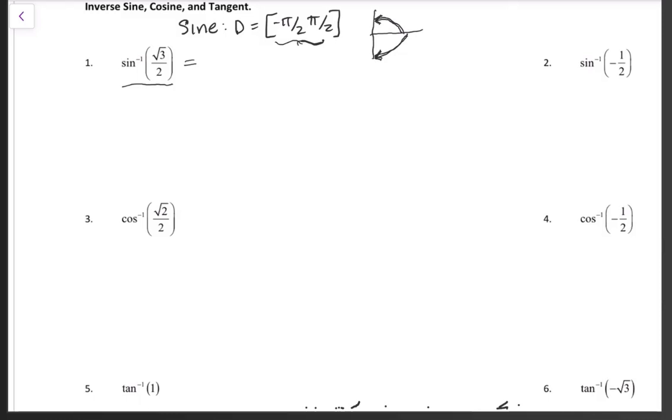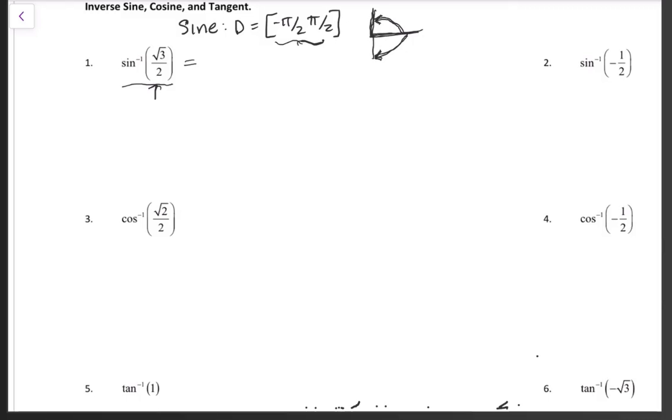So if we look at the first example and we ask ourselves, at what angle is sine square root of 3 over 2? Well, we know that sine is positive above the x-axis. So the angle that we're going to pick is the angle from the first quadrant where sine is the square root of 3 over 2.